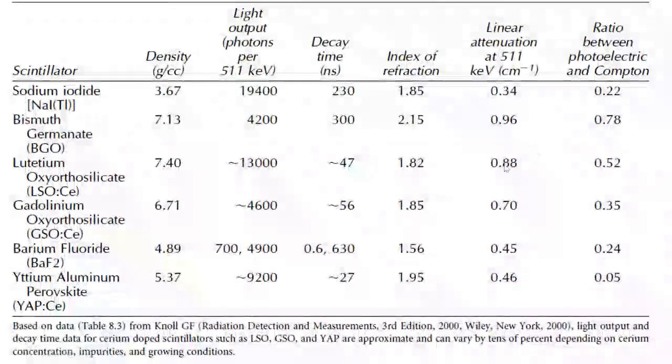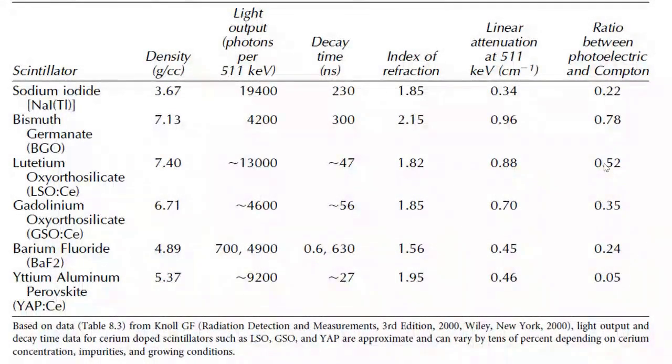Forget about the index and fraction. That's not our concern. The attenuation coefficient here is 0.96 for bismuth germanate and 0.88 for lutetium oxyorthosilicate. The photoelectric effect in bismuth germanate is higher than in the other. That's why you find bismuth germanate and LSO both have some aspects where one is better and the other is worse.